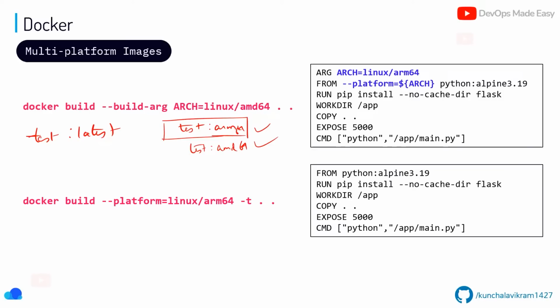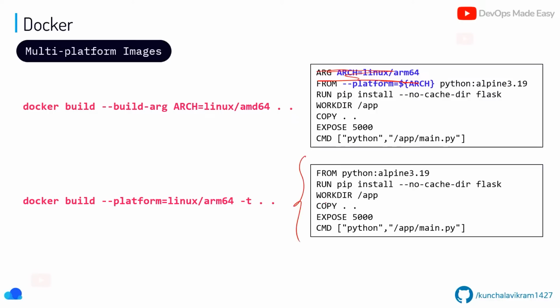Understood? Yes. Okay, so let's say you don't want to follow this approach. You just take a plain Dockerfile, but you can build it for a separate platform using --platform again. You just select whatever platform you want to target, and then you build it.